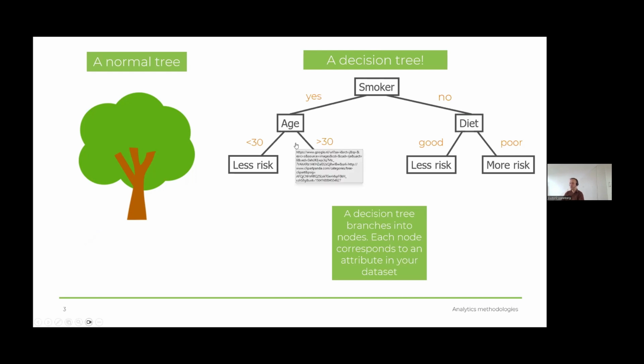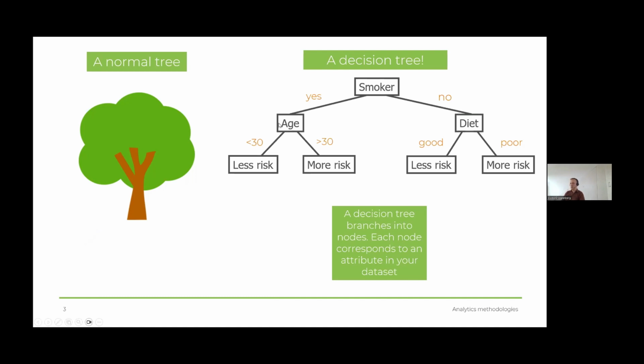Then in those new branches, we can make splits again. Notice that you can have different splits in the other branches. Here in the left branch, we do our next split on age, while in the right branch, we do our split on diet.